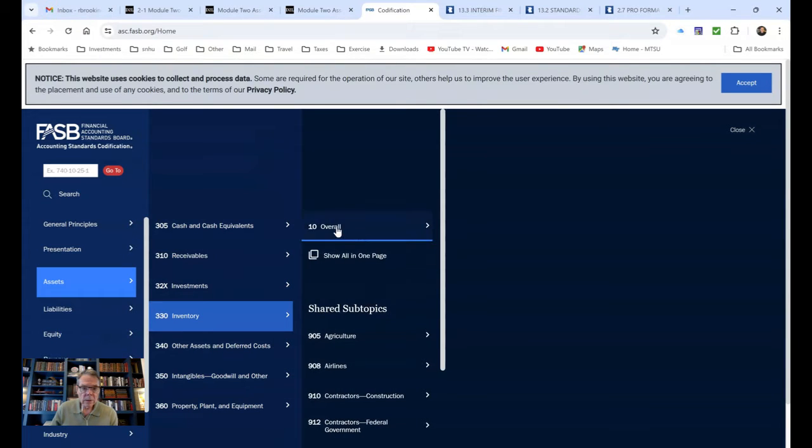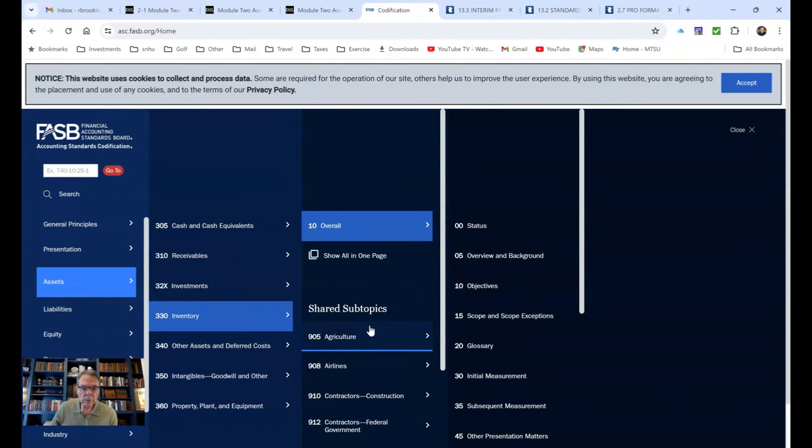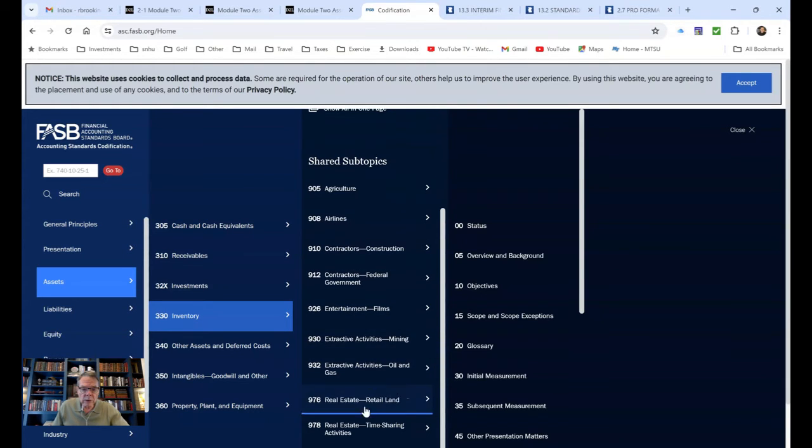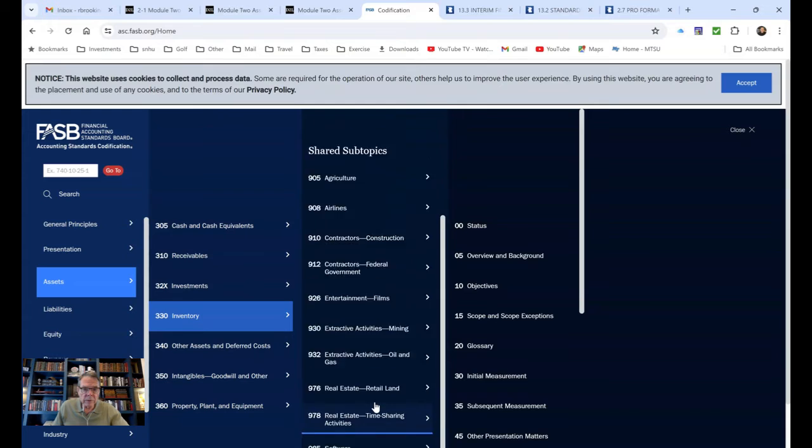And then basically overall. So these shared subtopics are basically related to specific areas that GAAP has been developed for: agriculture, airlines, contractors, construction, federal. Now, none of these would seem to apply to just basic inventory.